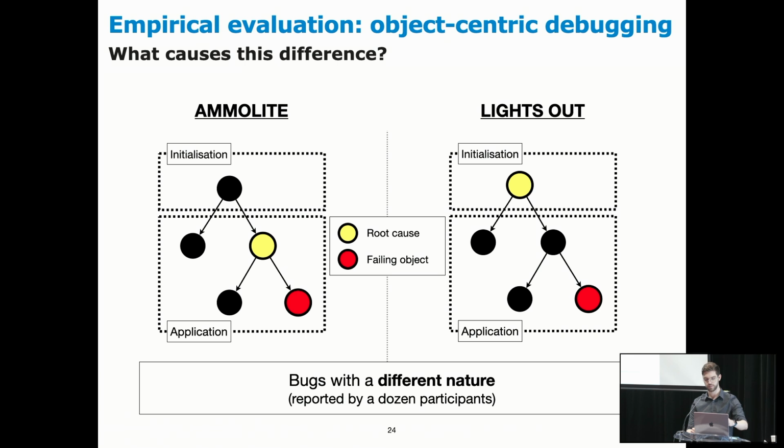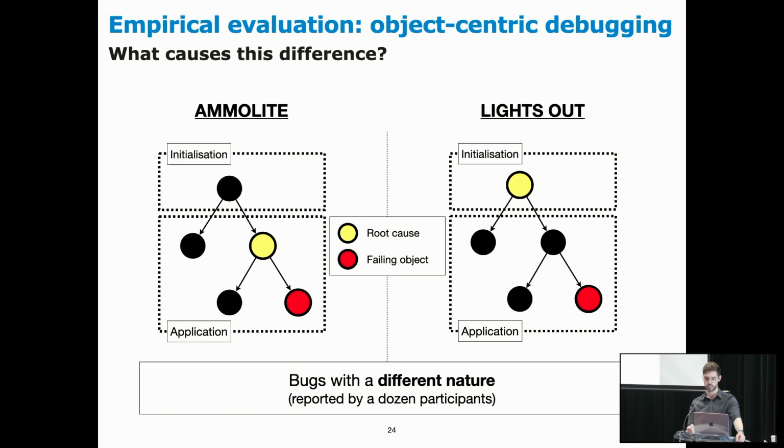Those graphs are divided into two parts. On top, the initialization part, and on the bottom, the application part. In the initialization are the methods that have been called during the initialization of the application, and the bottom part contains the methods activated during the execution of the application.